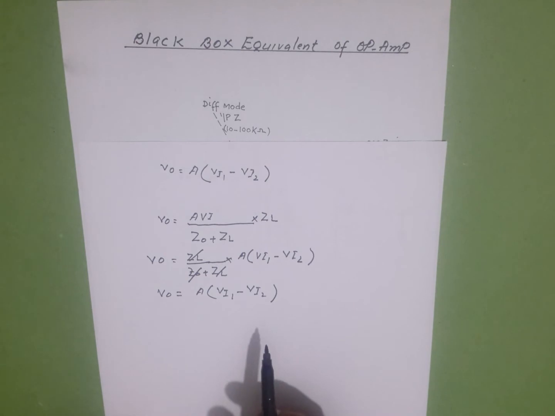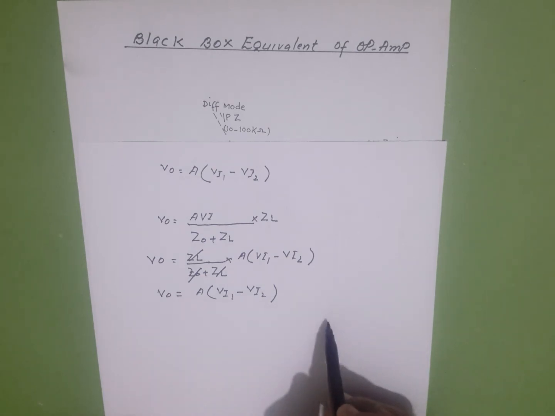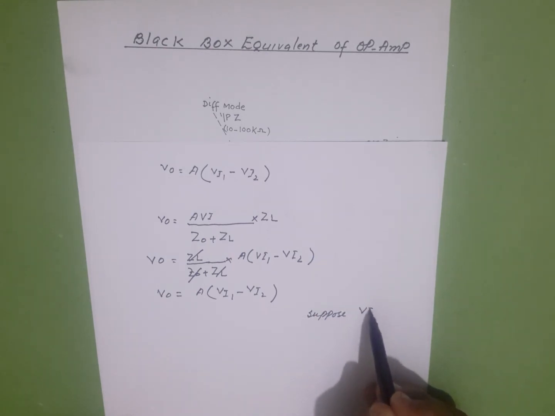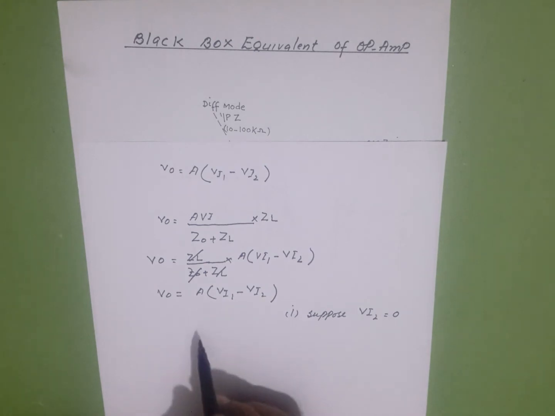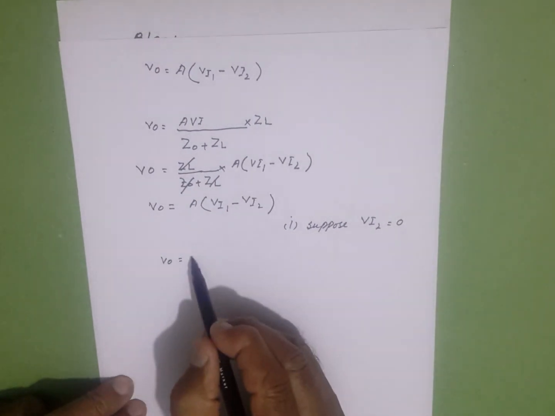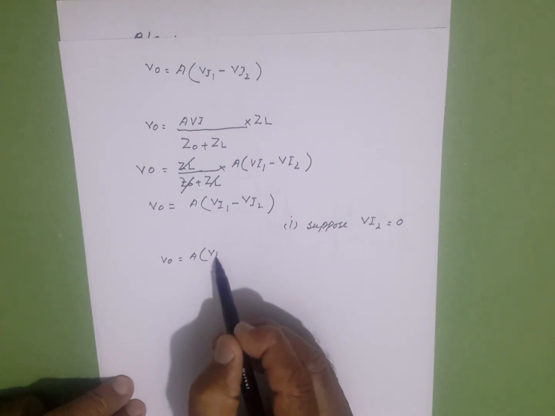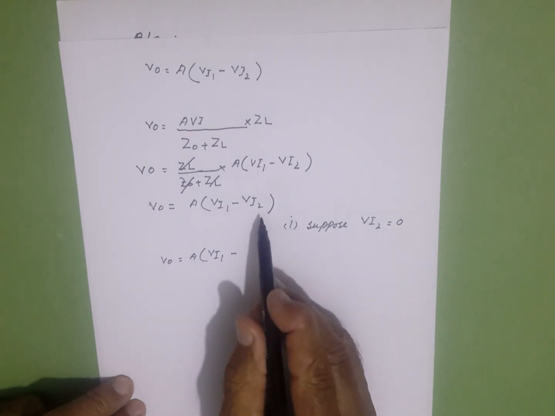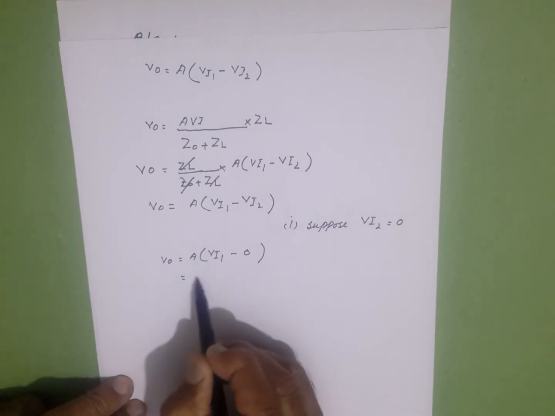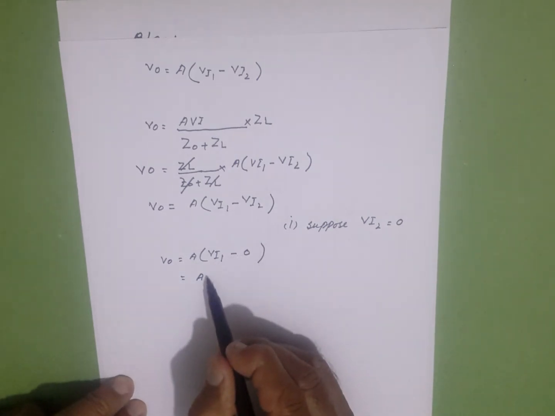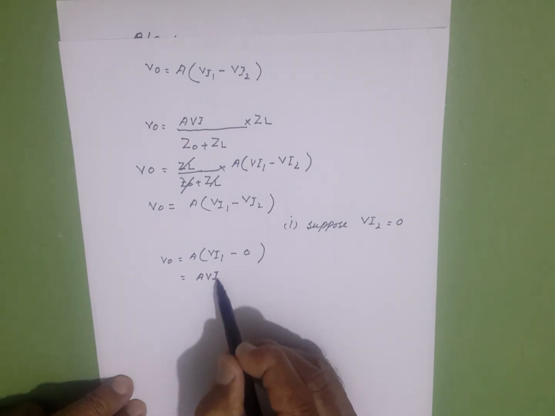Now we have three suppositions. In the first case, we suppose that V input 2 is 0. V naught is equal to A into V input 1 minus 0, and this is nothing but A V input 1.